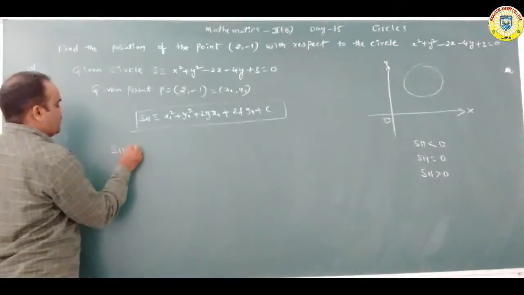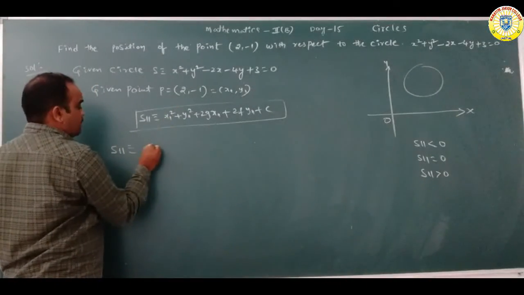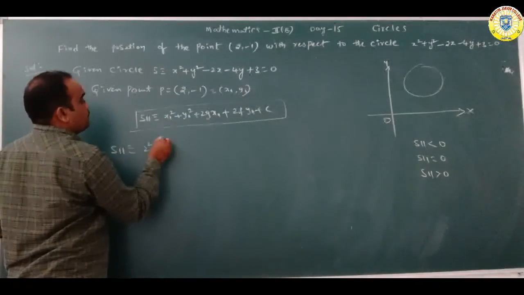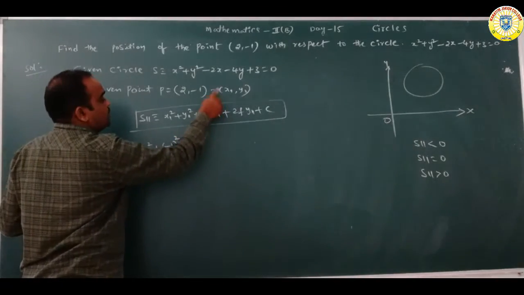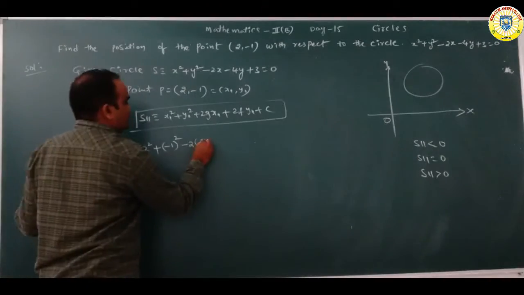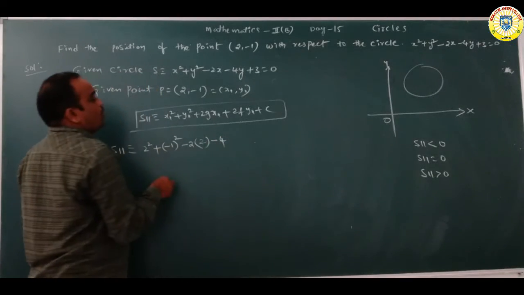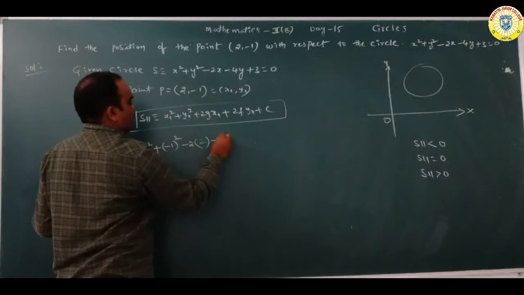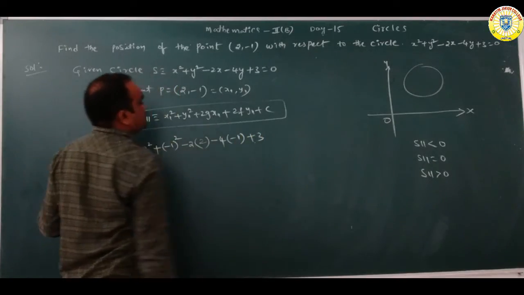Then S11 is equal to, don't write equal to 0. S11 value is 2 square plus (minus 1) whole square plus 2g into x1, where 2g is minus 2, into 2, plus 2f into y1, that is minus 4 into minus 1, plus c, that is plus 3.